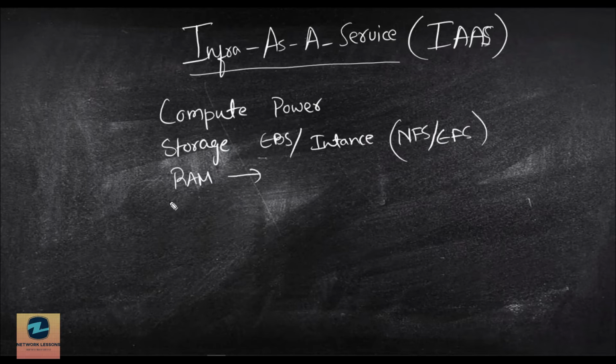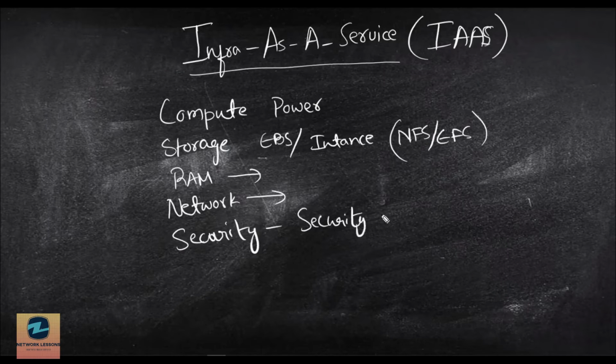You can have the network interface, networking, whatever you like. You can have the security firewall, which is called the security group, SG. You can have graphics power if you want to do video rendering and all. Then you have the type of instance which is optimized for that.